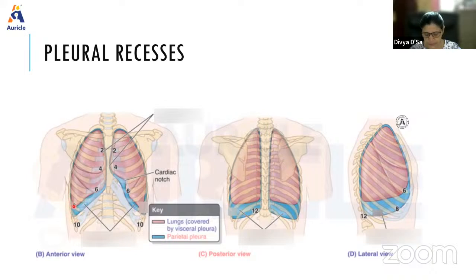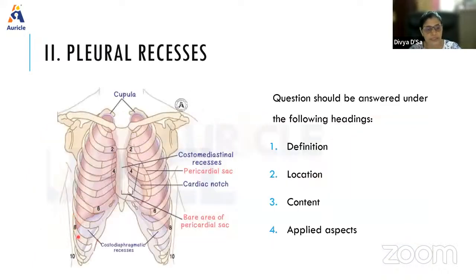Vertically it measures about 5 centimeters and lies opposite to the 8th to 10th rib. You can see it here clearly. It is the space between the costal and the diaphragmatic pleura. So this is the diaphragmatic, this side would be the costal. So this is the space extending from the 8th to 10th rib along the mid-axillary line. So this is what you have to write.